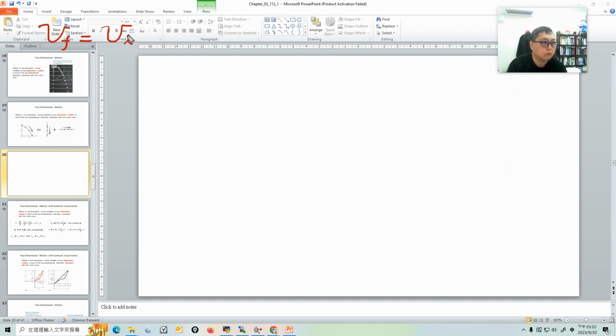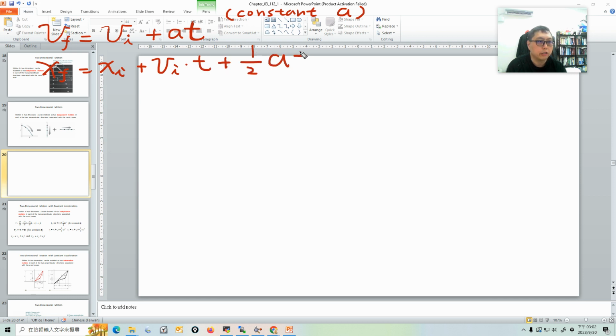Final velocity is equal to initial velocity plus acceleration times t. Of course, right now we are doing constant acceleration motion, so let's just make it simple. And final position is equal to initial position plus initial velocity times t plus 1/2 a t squared. So this is 1D kinematics.